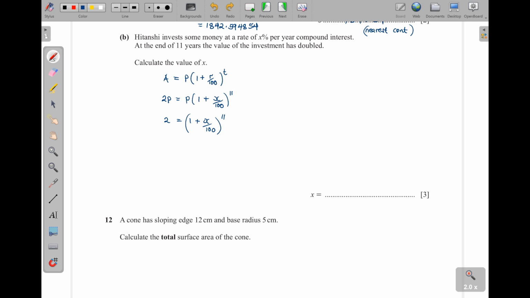Now, if I have, let's say, X squared is equal to, let's say, 5, and I need X, I take the square root, right? You always take the square root. But what is square root?